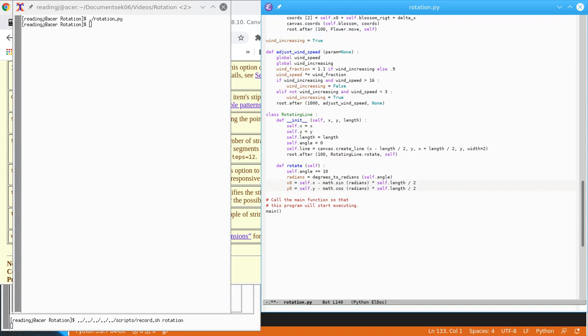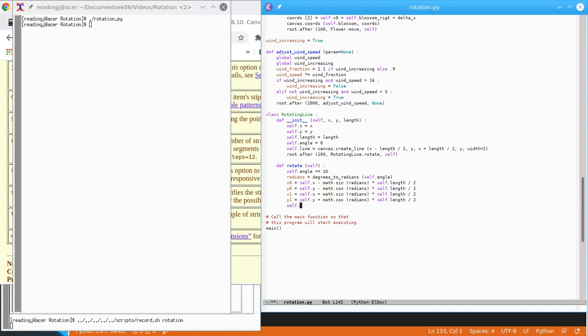Because now x1, y1 is going to be, I hit the wrong key. This is going to be plus. So obviously I could have saved math.sine and math.cosine in variables so that I didn't have to recalculate them. We'll give this a chance and see what happens.